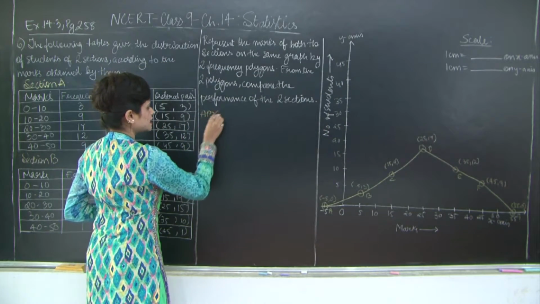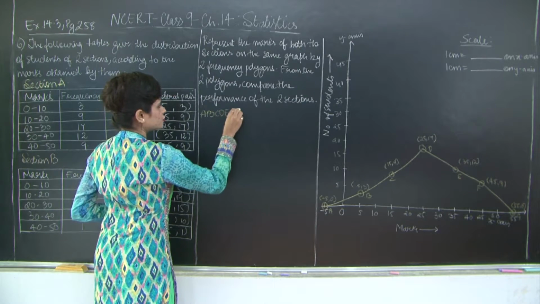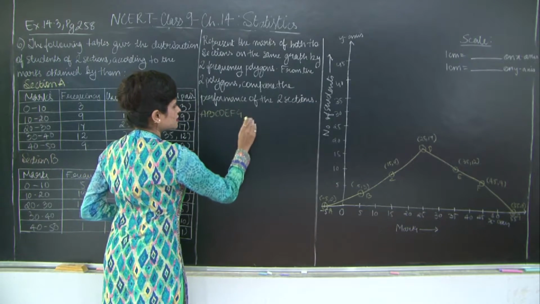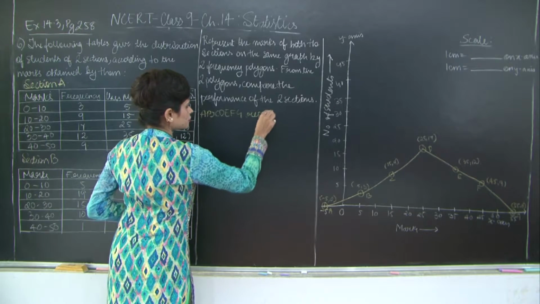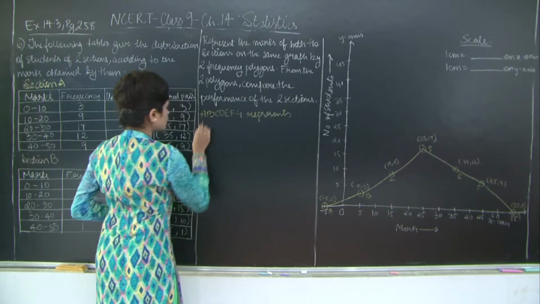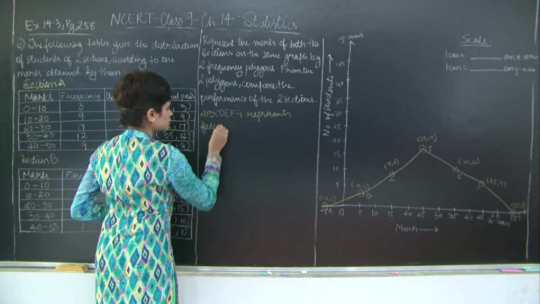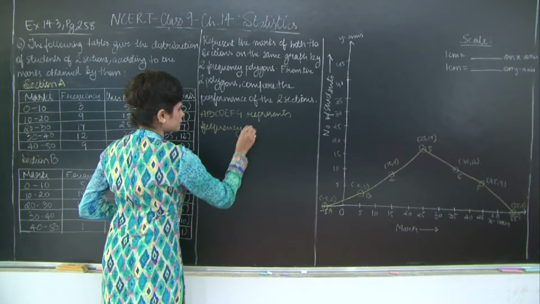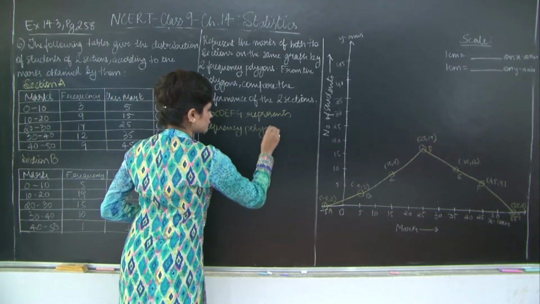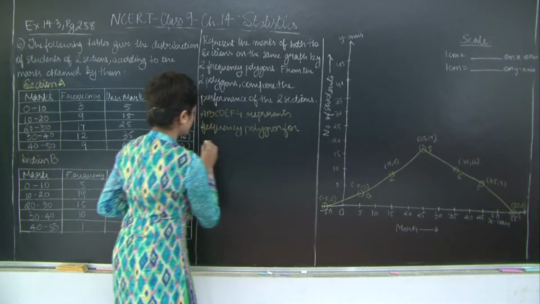A, B, C, D, E, F, G represents frequency polygon for section A.